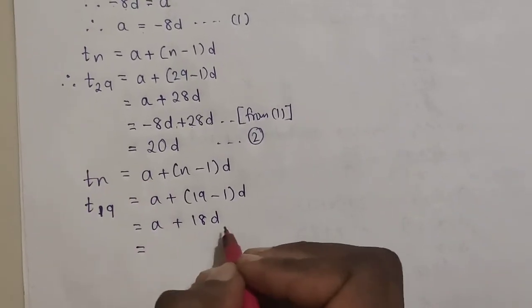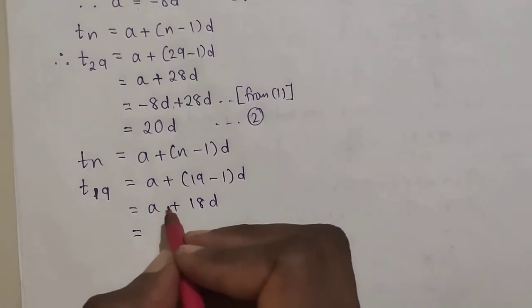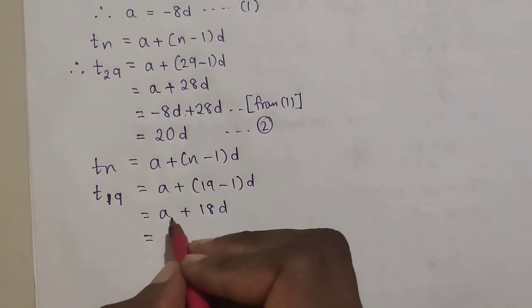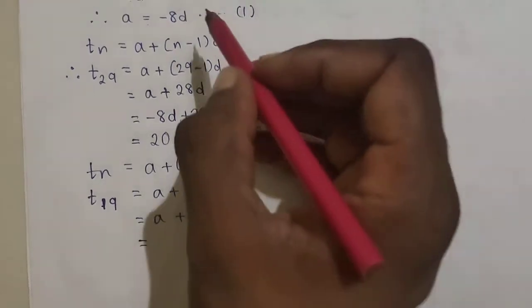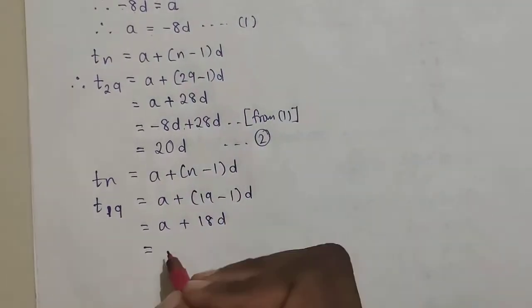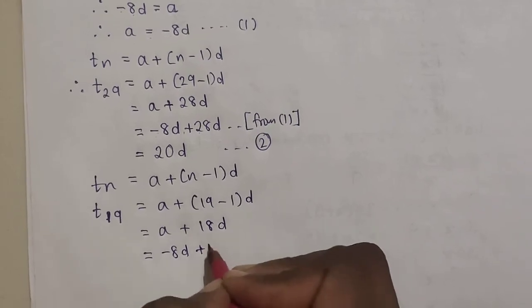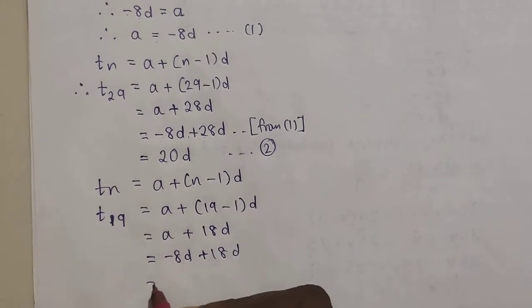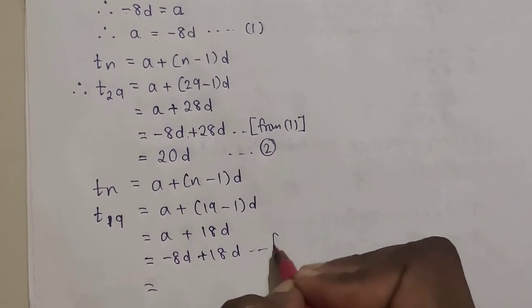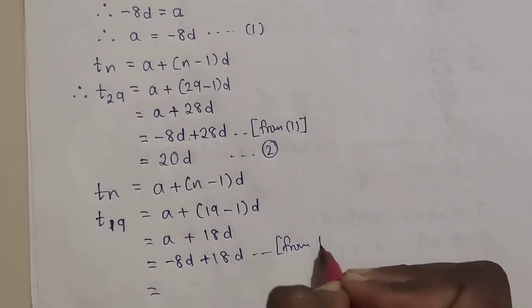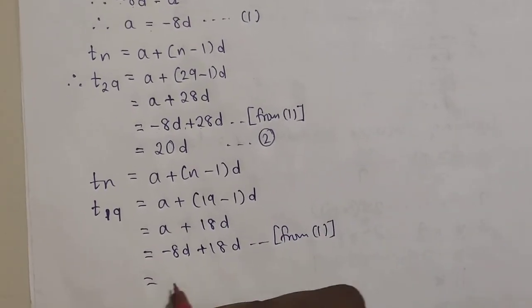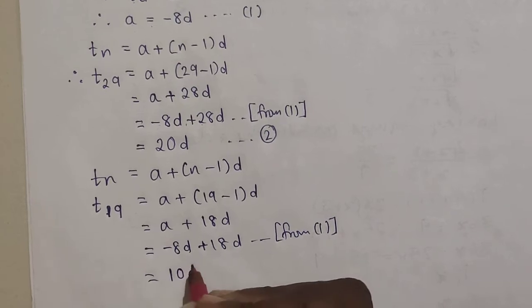So this is a plus 18d. Same we are going to do here also. Replace this a by minus 8d, from equation 1. So minus 8d plus 18d. Now 18d minus 8d becomes 10d.